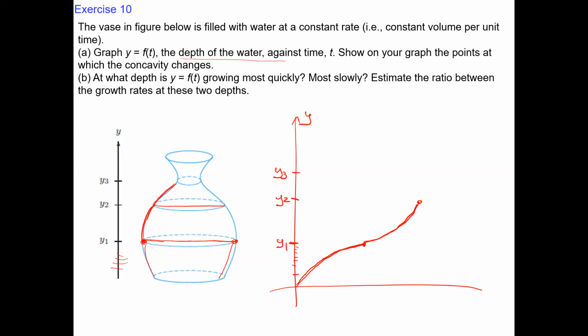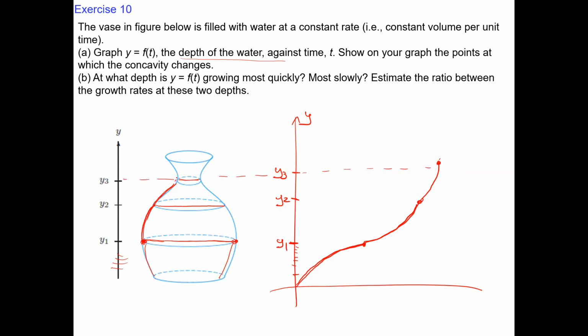I can make the concavity even steeper. I don't want to bend it too much, I just have to indicate that it's even steeper. And then this is the slimmest point.